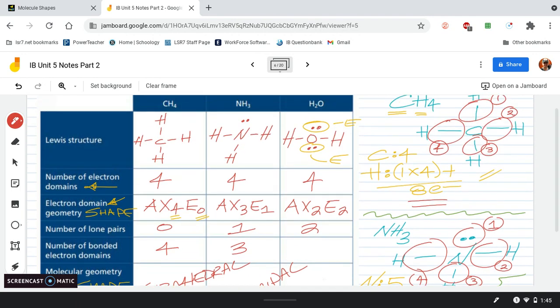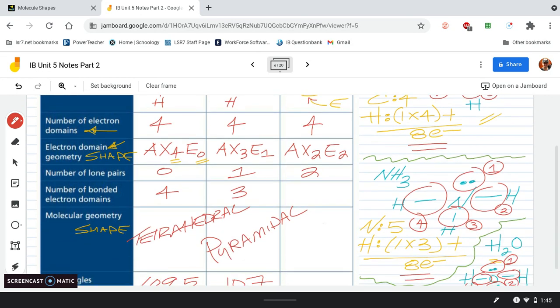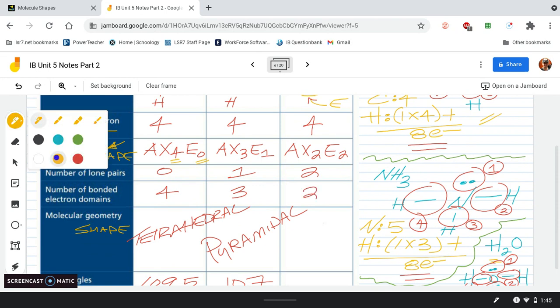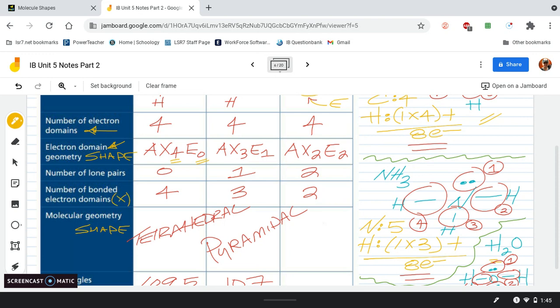Got them up here. There's 1, there's 2. Number of bonded domains, so that's the X's. So like I can even right here, that's an X, and then this is an E. So AX2E2, well, we go back to our notes.